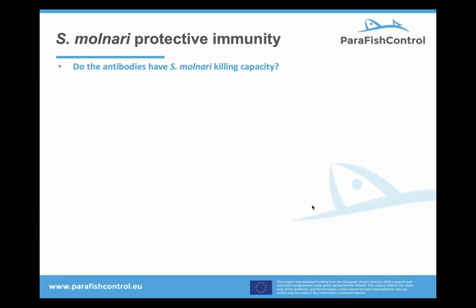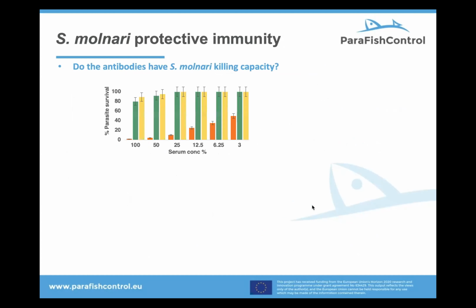Do these antibodies have killing capacity was our next question. Yes, the antibodies do have killing capacities. You can see here three different lots of parasites isolated at different times during the infection.